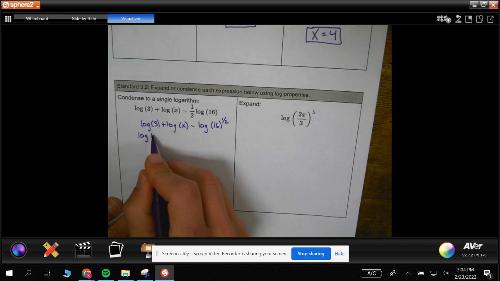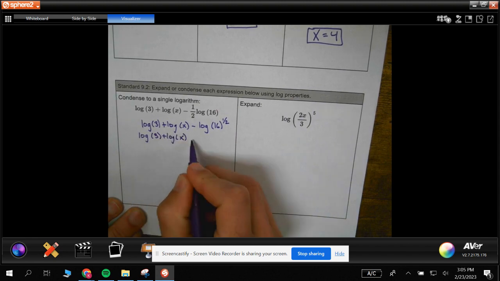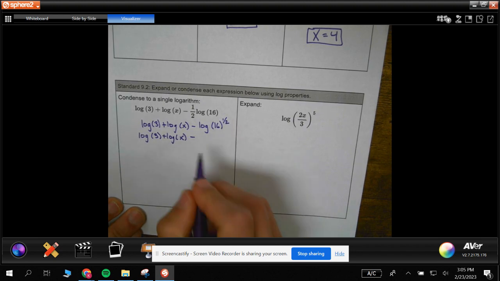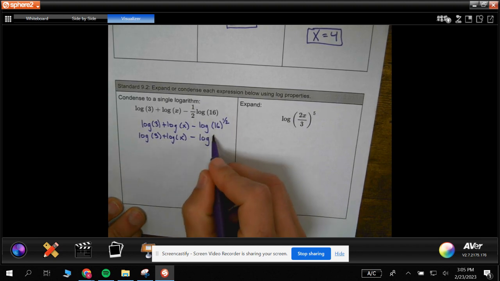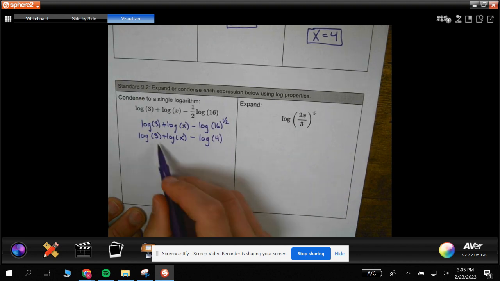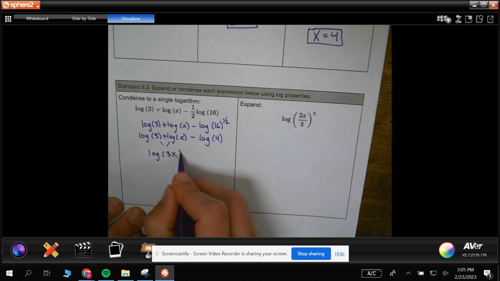So let's rewrite this. Log base 10 of 3 plus log base 10 of x. What is 16 to the 1/2 power? We just learned the 1/2 power is the same as a square root. The square root of 16 is 4. Okay, let's start condensing. When I see a plus sign like that, that means those two get multiplied.